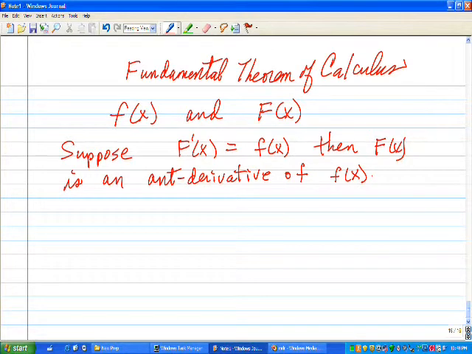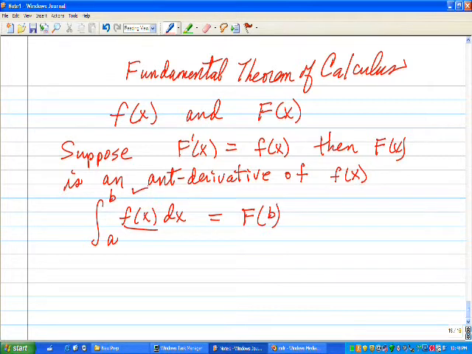And we know part of the fundamental theorem of calculus says that if we want to take the definite integral of f of x between a and b, in other words, if f of x were a positive function, it would give us the area under the curve, all we have to do is calculate the antiderivative of f of x and evaluate it at b, the top limit, and subtract the value of the antiderivative at the lower limit.